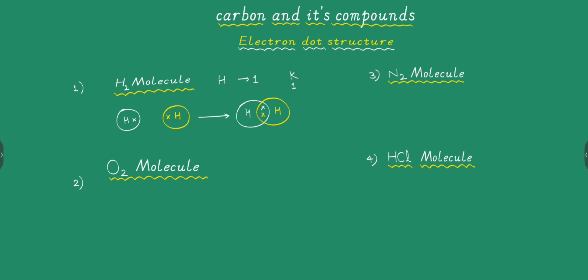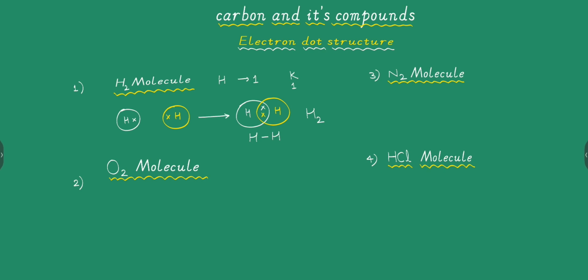Now the first hydrogen has two electrons in its outermost shell and the second hydrogen also has two electrons in its outermost shell, so these two electrons are mutually shared by both atoms. Because one electron pair is shared between the two hydrogen atoms, there is a single covalent bond between them, so an H2 molecule is formed.